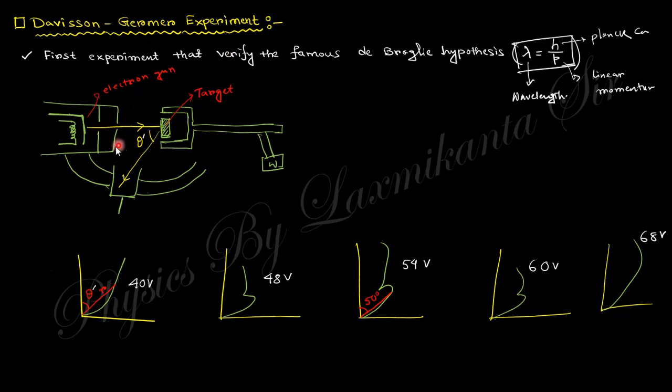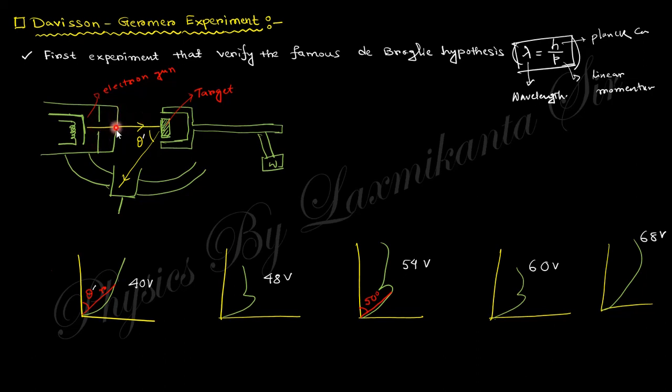You can see this is the experimental setup. This is a filament, and this is the electron gun, from where the electrons are ejected due to heating. The filament heats up this material and then ejects the electrons.